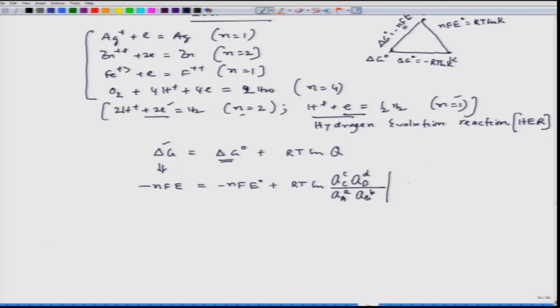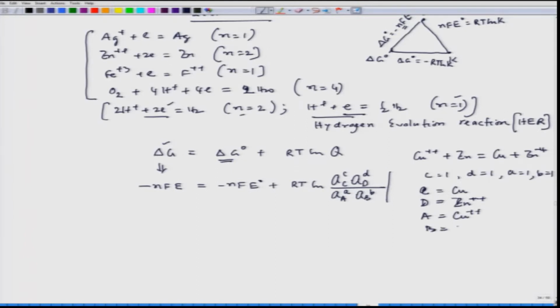Now, this is almost similar to the case where C equal to 1, D equal to 1, A equal to 1 and B equal to 1, as well as that time C goes to copper, D goes to zinc plus plus, A is copper plus plus, B equal to zinc.